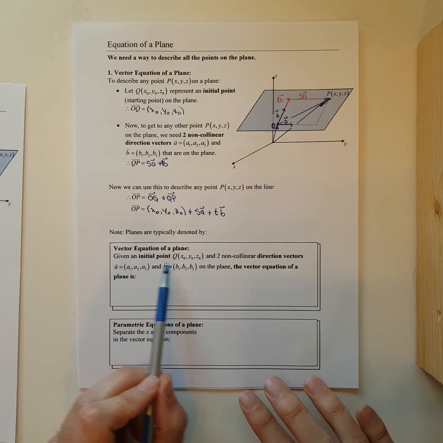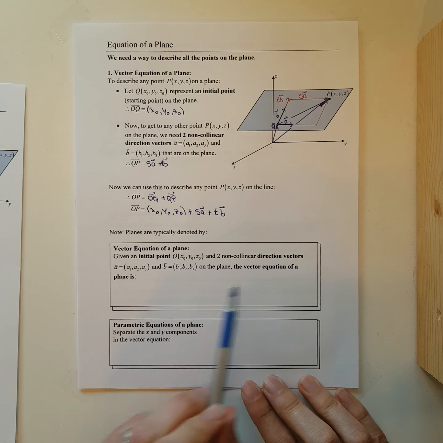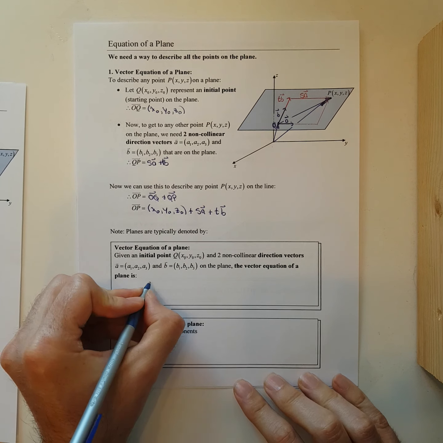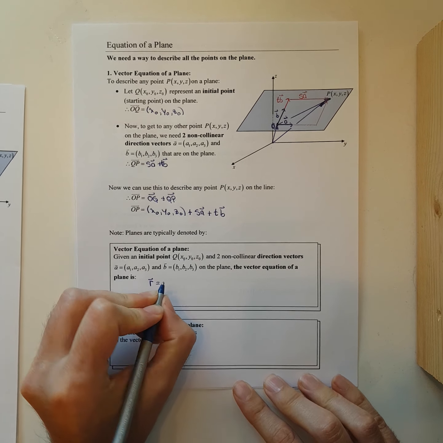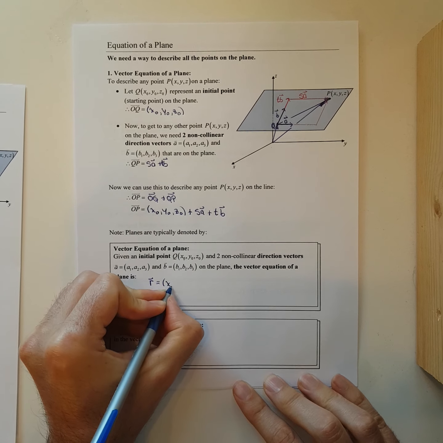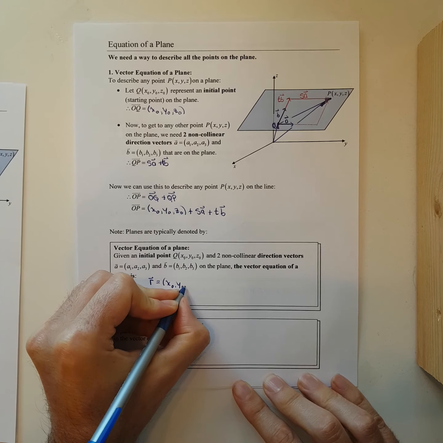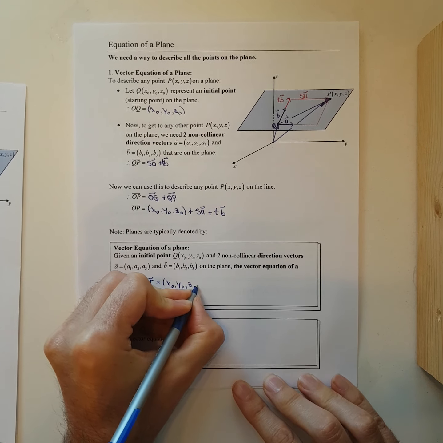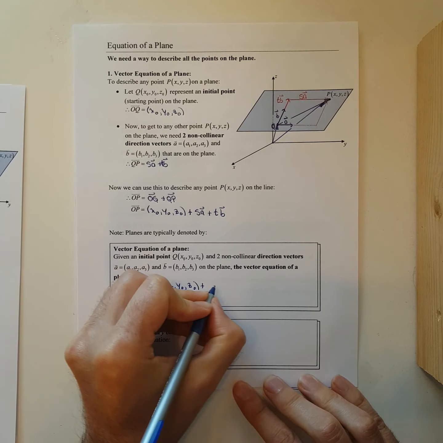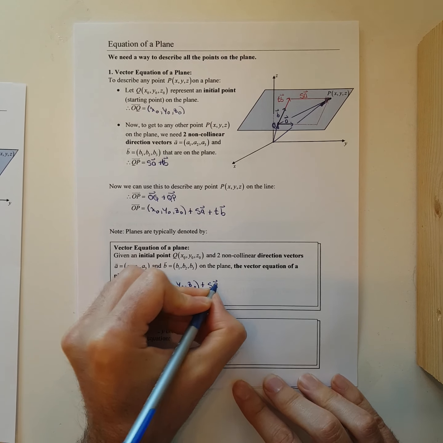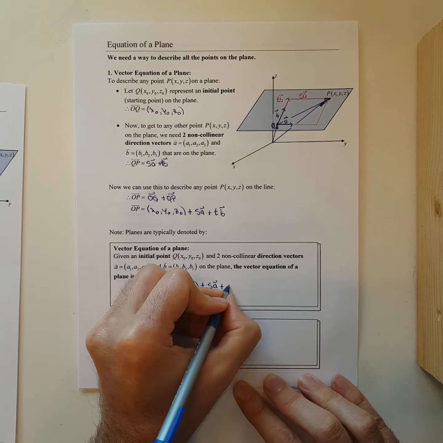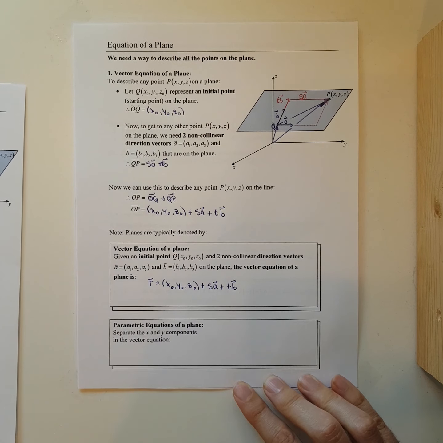So in general then, if we're given an initial point and two non-collinear direction vectors, the vector equation for the plane would be the resulting vector, which is our initial point or initial vector, plus a scalar multiple of those two direction vectors.